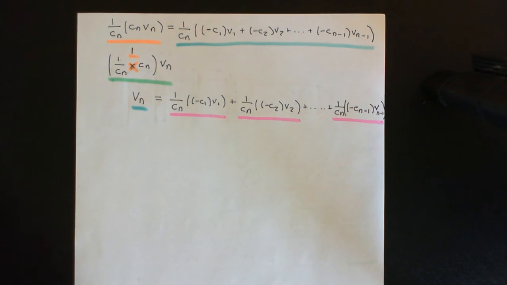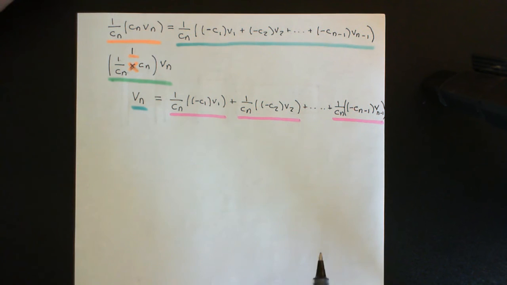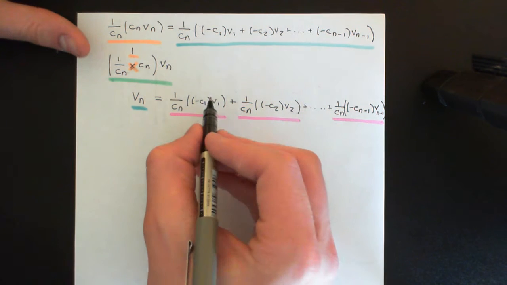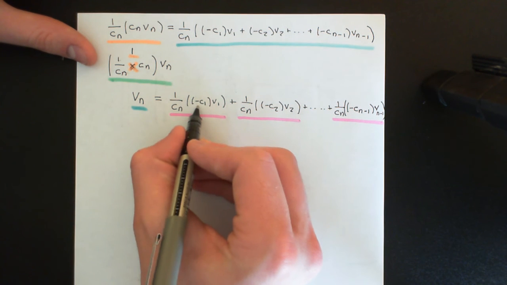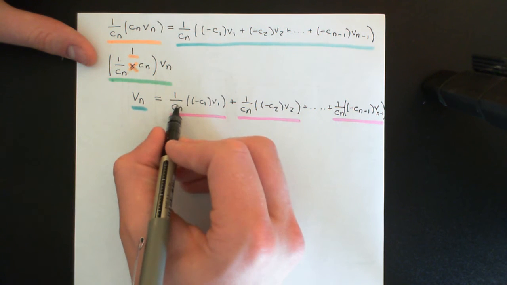Right, so now we've got that, and what we're now going to apply is, of course, the same trick that we applied here, associativity. Because what we've got is a vector being multiplied by one scalar, getting a new answer which is a vector, and then multiplied by another scalar.